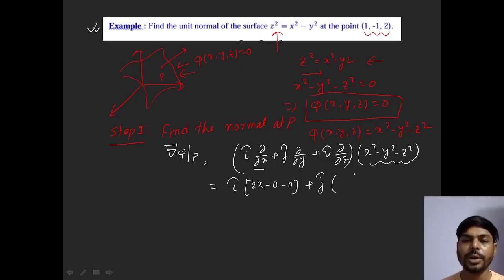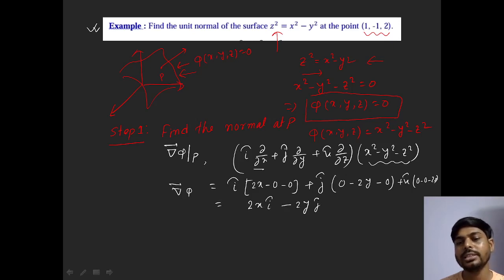When del y is operated on that, it gives you 0 minus 2y minus 0, and for k cap it is 0 minus 0 minus 2z. So basically gradient of phi is 2x i cap minus 2y j cap minus 2z k cap.